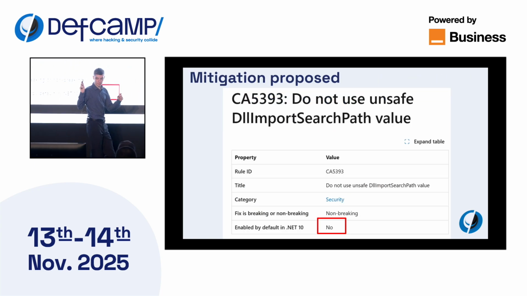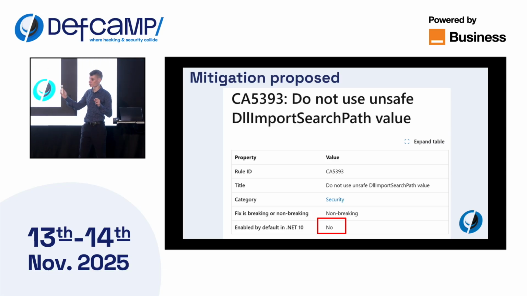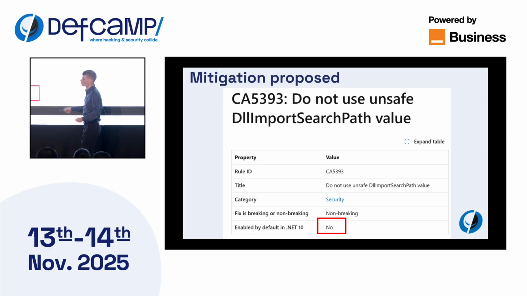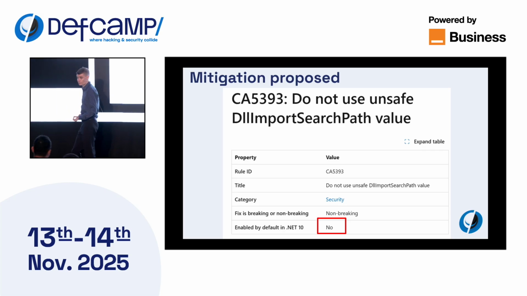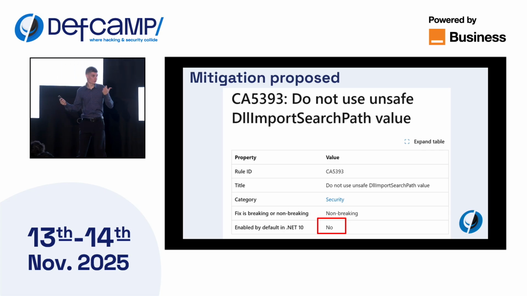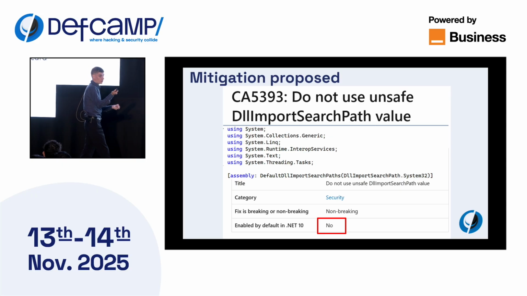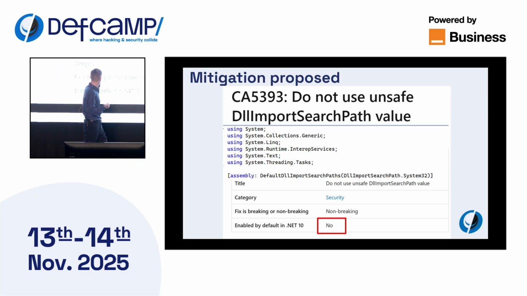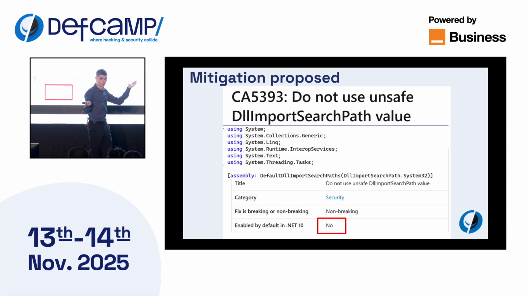Actually, Microsoft did propose something. They do have a workaround published on their page. They added some kind of a rule which checks the program for using an unsafe DLL import search path value. What this means is that to fix this issue in your software, you need to explicitly add this line to your program.